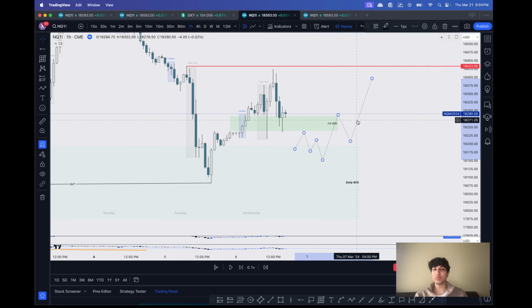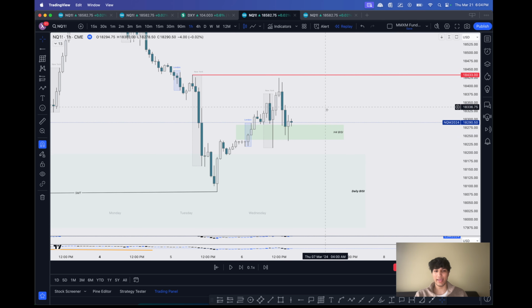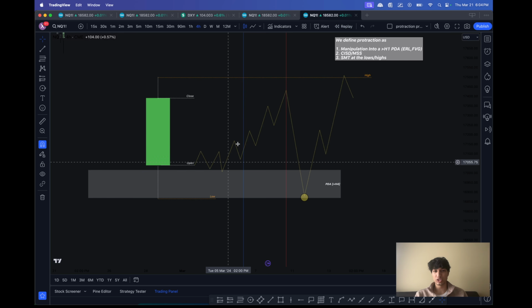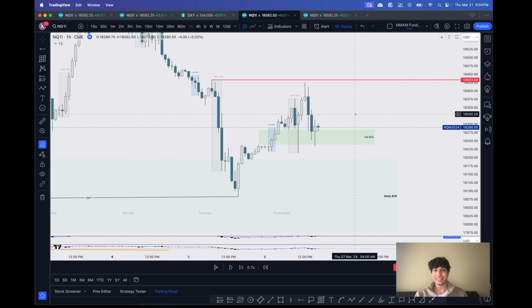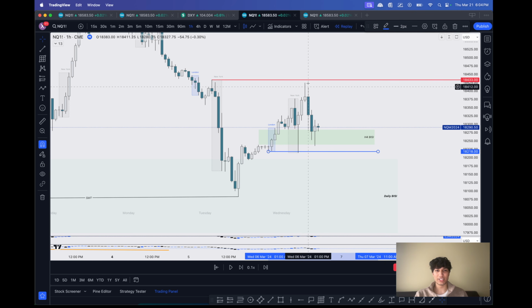However, because we fail to see London manipulate in any meaningful way, meaning London begins to push up towards our draw on liquidity, we can reason that New York will offer a discount reaccumulation, taking out the London lows and order pairing these lows, right, this sell side liquidity, as the low of the day before eventually expanding towards the high.